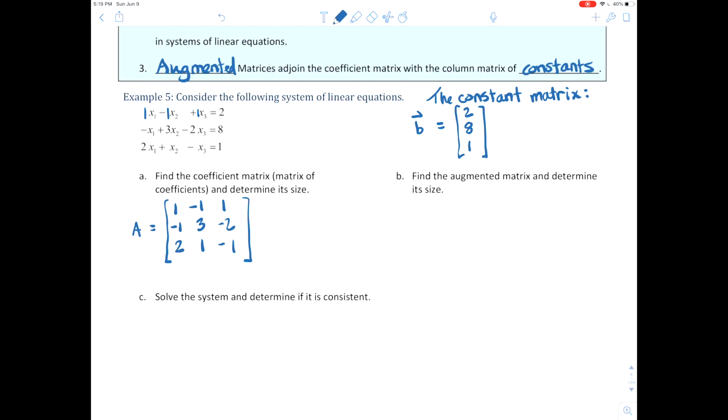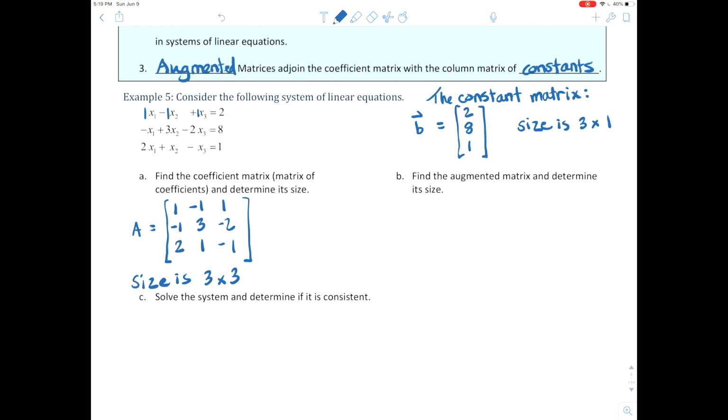Cool, cool. So this one has a size of how many rows? Beautiful. 3. How many columns? Awesome. 1. And A, what is the size? Awesome. 3 by 3, because there's 3 rows and 3 columns.